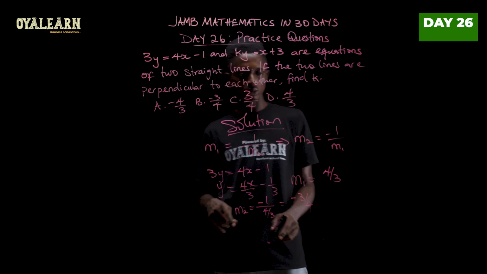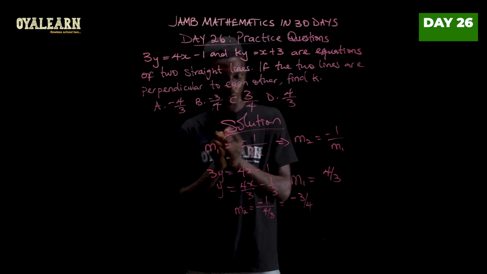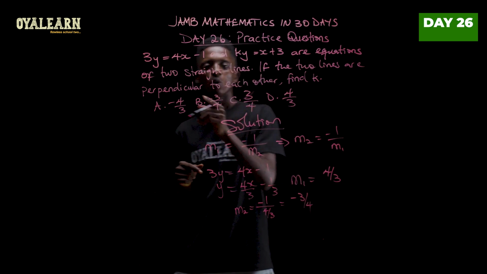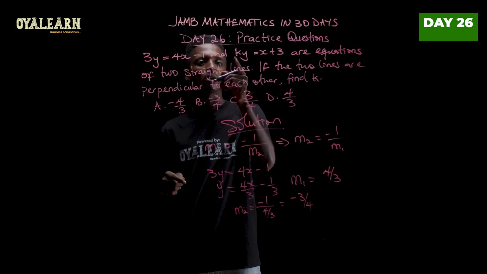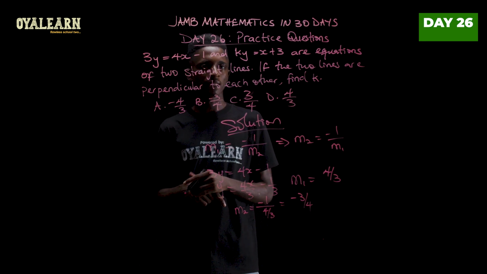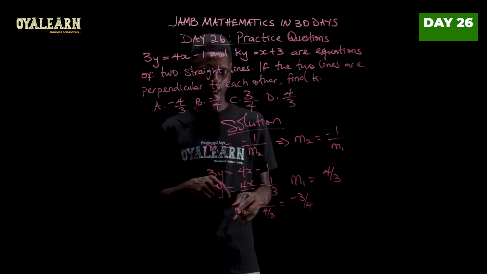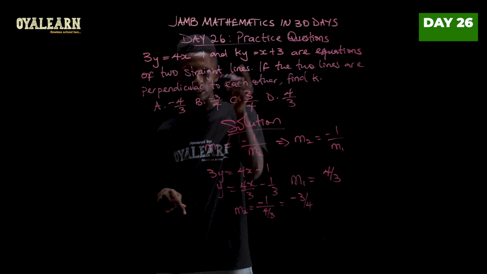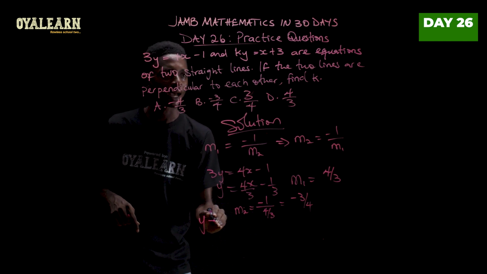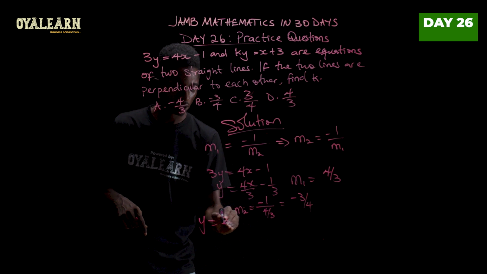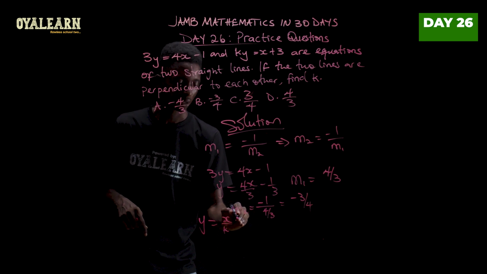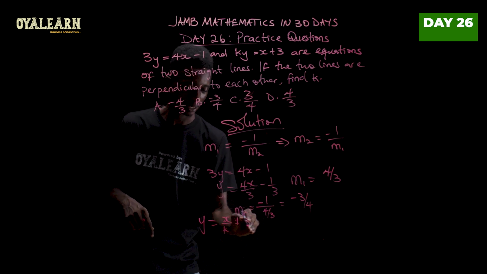So since we know that this will then be minus 3 over 4, what do we then do? We go on to get the value of k. So how do we get the value of k here? We go to the equation of the second line, which states that y equals x over k plus 3.